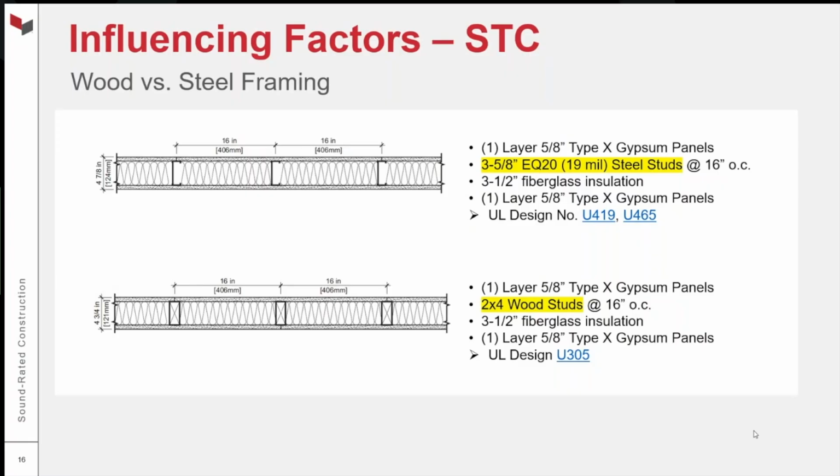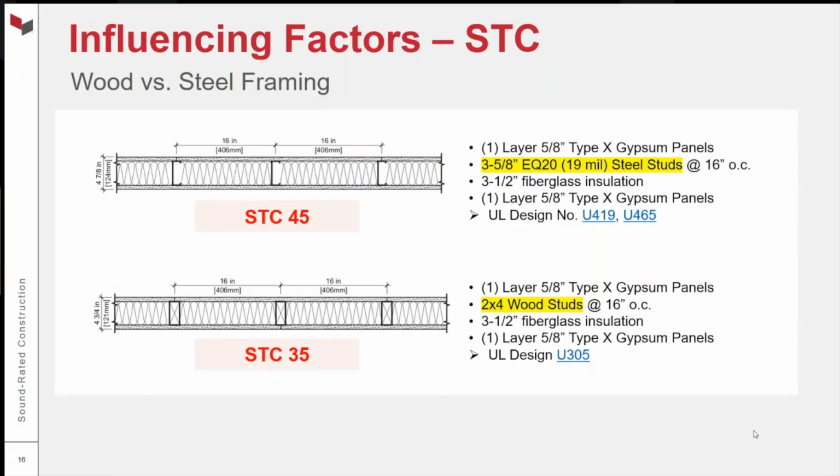So again, back to what we see on the screen, what we're comparing here are the framing members. And so what's the difference in STC? 10 points. STC 45 with that steel stud, EQ20. These are non-load bearing equivalent gauge 20 studs. STC 45, that's a pretty resilient framing condition compared to what you see below.